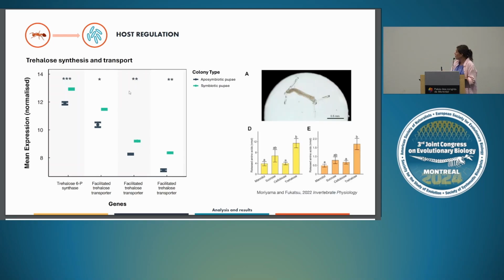And actually, when we looked at the literature, they've shown, so this was a really great paper by Moriyama and Fukatsu, and they showed that when they dissected the symbiotic organ and grew it in different sugar mediums, that actually trehalose was the best for the growth of the symbiotic organ and production of free amino acids, even though that symbiont also couldn't directly use trehalose. So it's possible that both these systems have a mechanism for utilizing that trehalose for the symbiont.